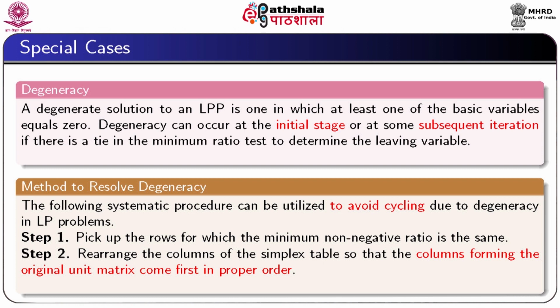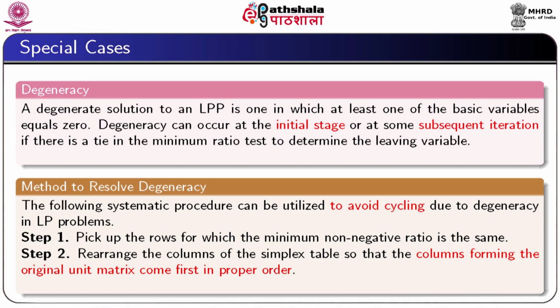At the initial stage, if one or more components of requirement vector be 0, then the corresponding basic variable or variables will also be 0. This indicates the existence of degeneracy at the very beginning of the table.